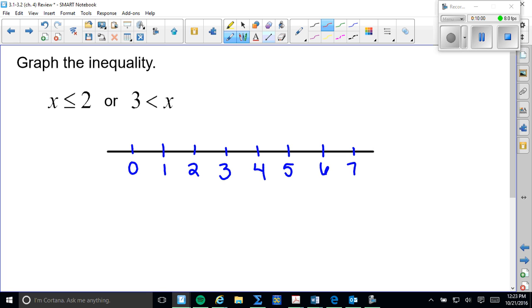If we graph x is less than or equal to 2, we know that's a closed circle, and less than is everything smaller. And then we have x is greater than 3, which is an open circle and everything bigger. Hopefully, you got the same graph.